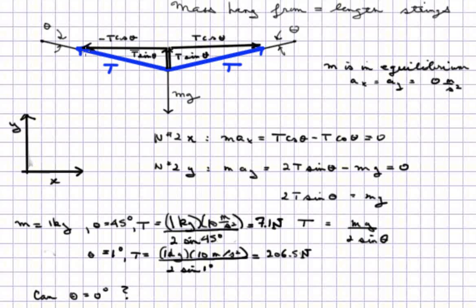Towards that end, I'm going to take the tension vector that goes upward and to the left, and break it into an upwards T sine theta component and a horizontal minus T cosine theta component.